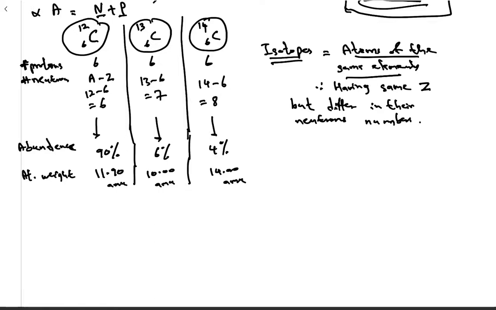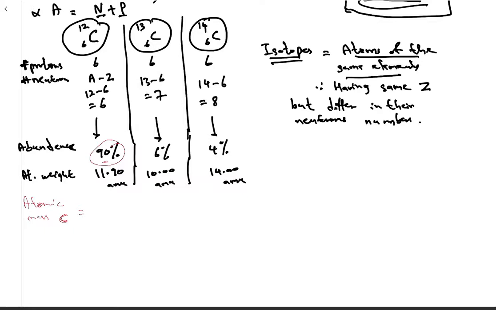Right away, you should be able to judge that because the commonest isotope is this one, at 90%, your average weight, your atomic mass of our hypothetical carbon, will be an average of these three isotopes. But because the 12C6 is most abundant at 90%, your average will be nearer the 11.90 AMU.